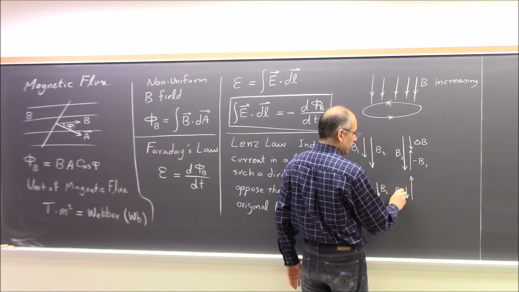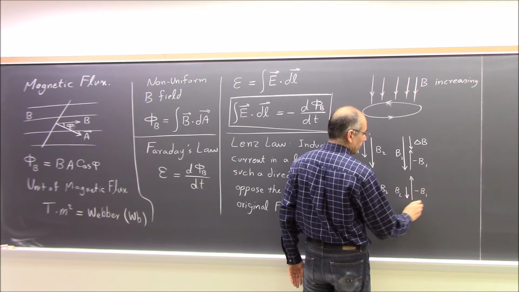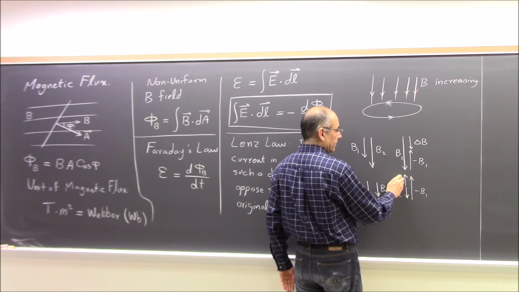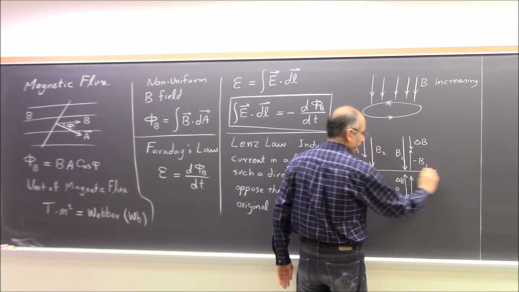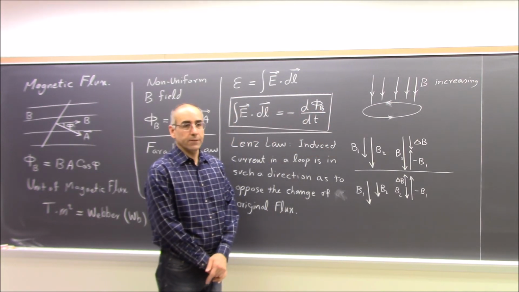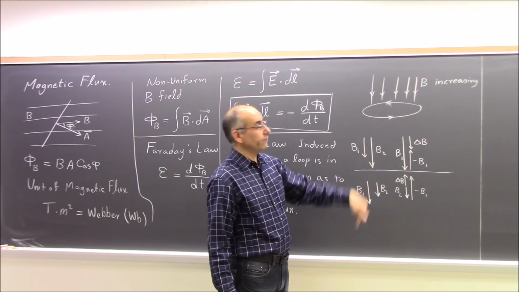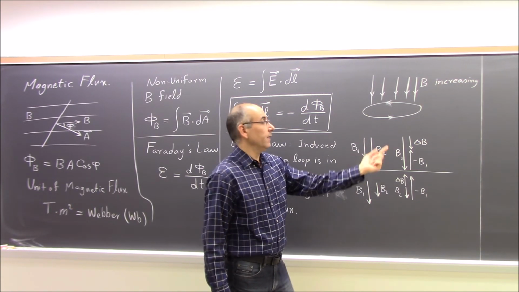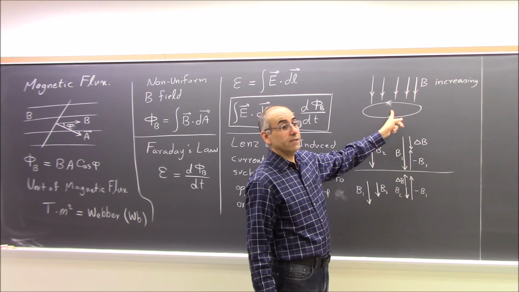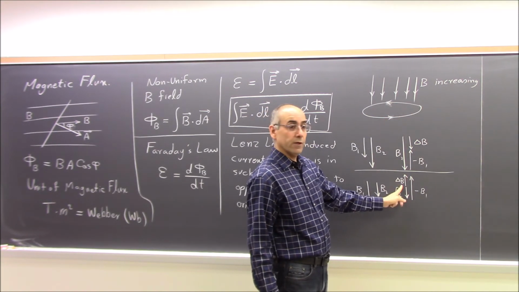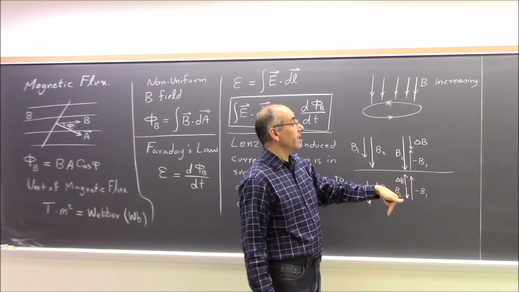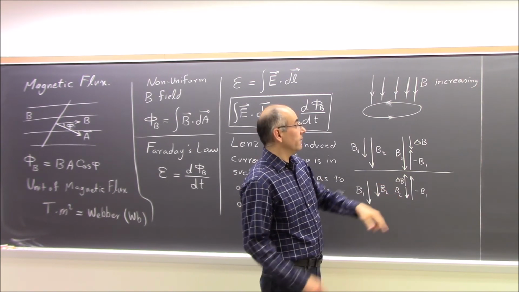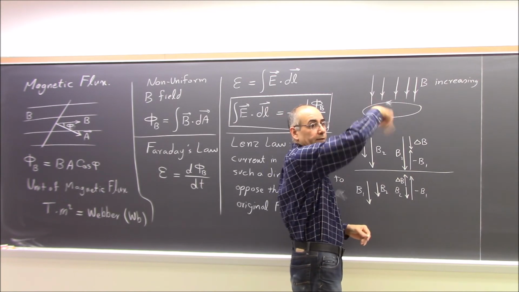Well, what is the sum of these two vectors? A vector from here to here, right? This is delta B. So it means that if the B field is downward and is decreasing, the change is upward. And then the induced current creates its own magnetic field that opposes this one. Therefore, it makes a magnetic field downward. And therefore, the current should be in the other direction.